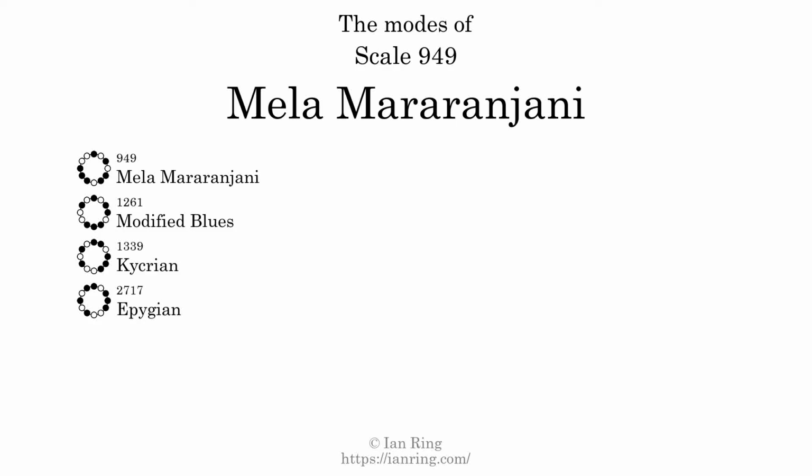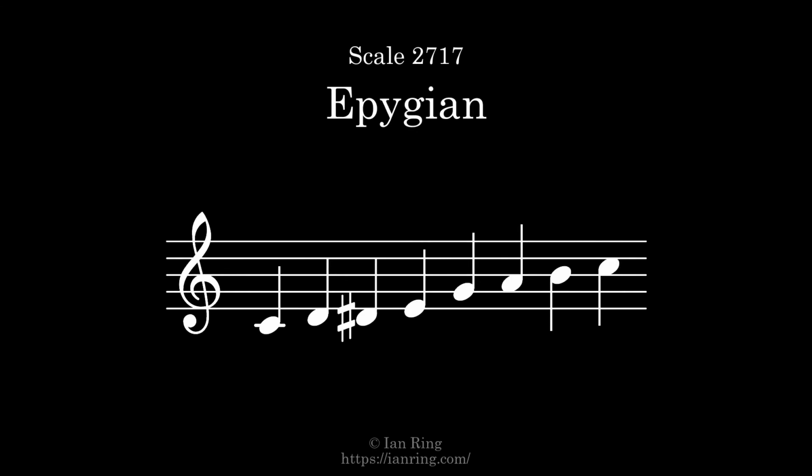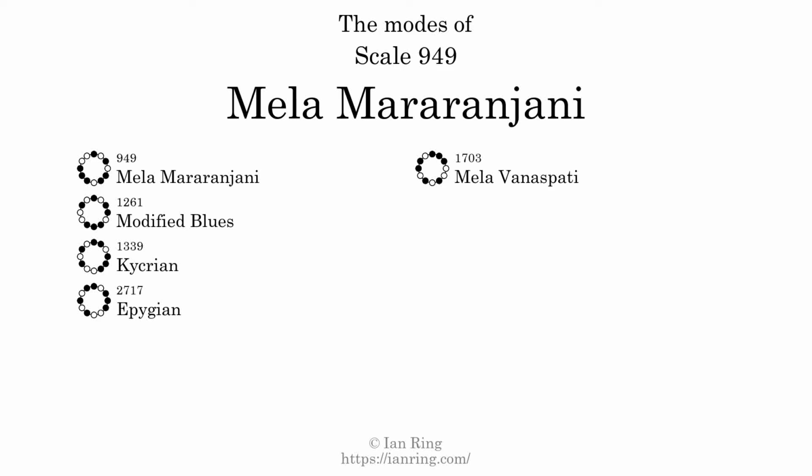The fourth mode is scale 2717, also known as a pigeon. It sounds like this. The fifth mode is scale 1703, also known as Mela Vanaspati. It sounds like this.